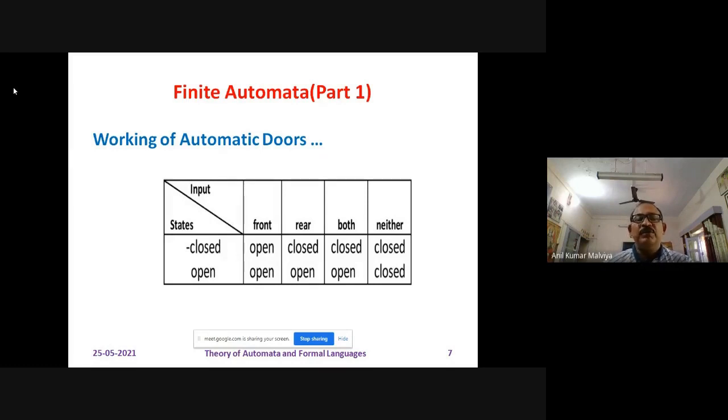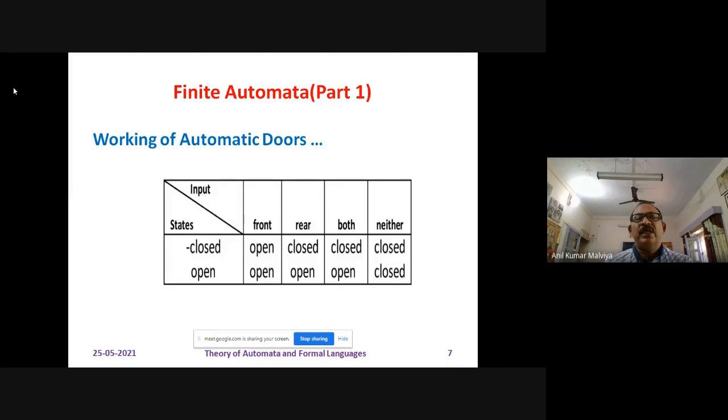If both, machine again remains in the same state. If neither, machine remains in the same state. If it is in an open state and input is front, it remains in the same state. And if input is neither, then the machine will move to a closed state.